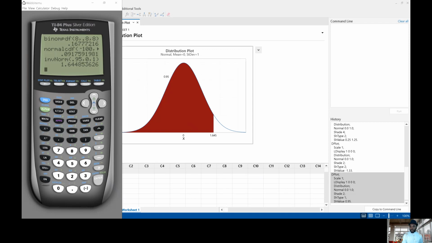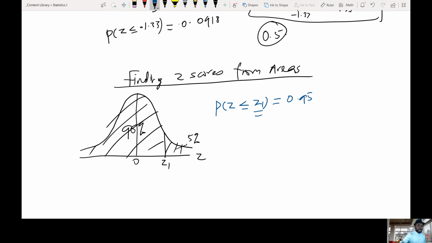Get back our board. All right, there you go. So z1 is approximately 1.645.